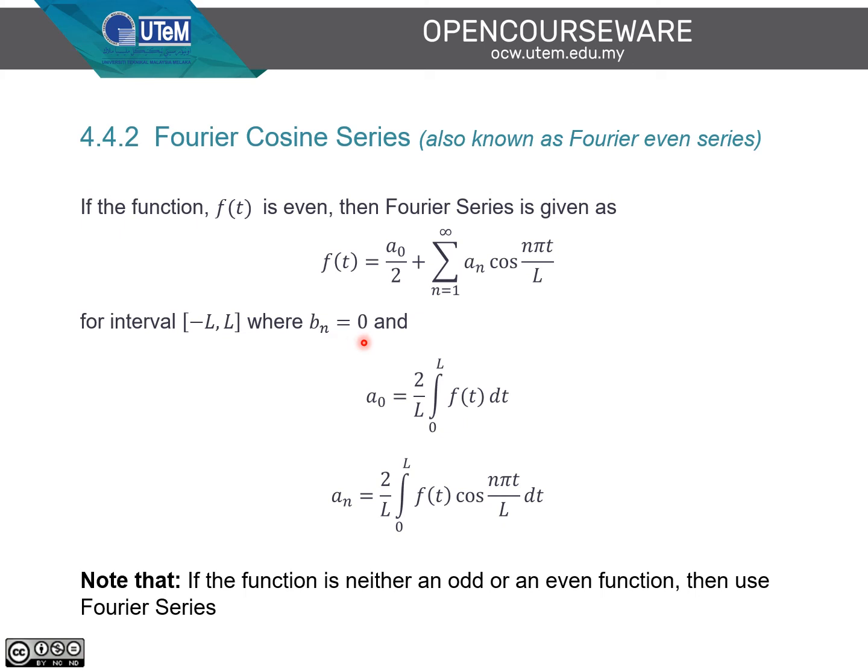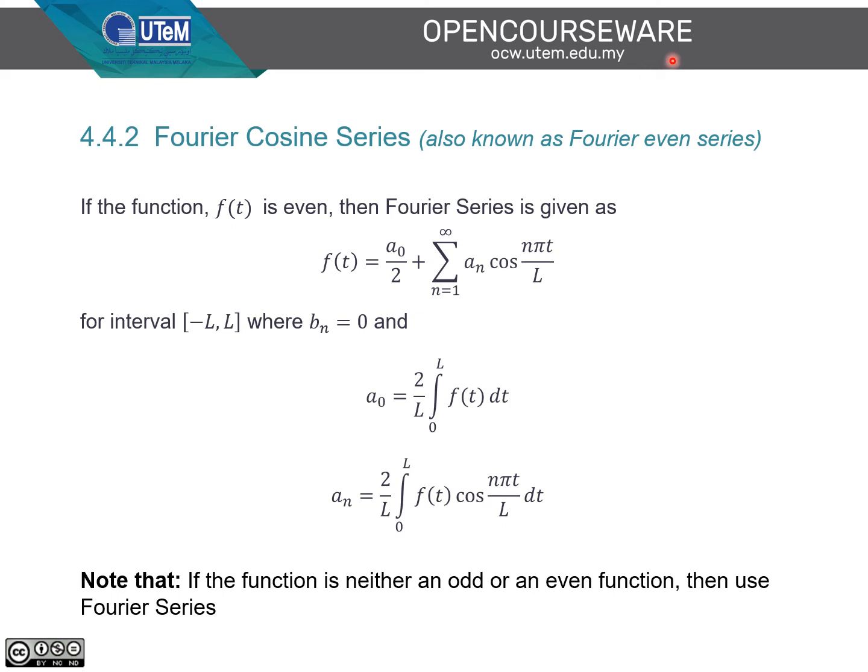The formula of the Fourier coefficient a0 is 2 over L, the integration of f(t) with respect to t from 0 to L, and the formula of Fourier coefficient an is equal to 2 over L, the integration of f(t) cos n pi t over L with respect to t from 0 to L.